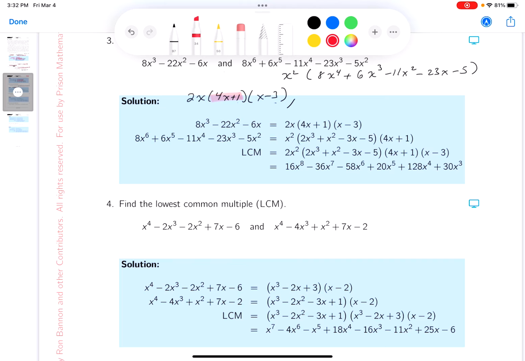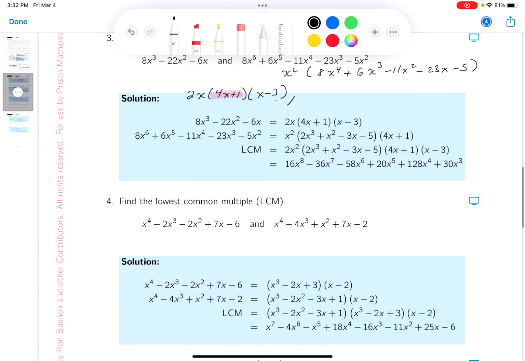Let me see if they share the factor. And I'll write this down for you. So 4x plus 1 divide into 8x to the fourth plus 6x cubed minus 11x squared minus 23x minus 5.